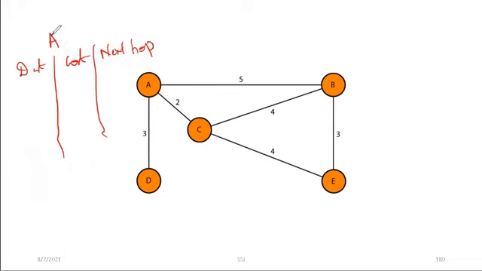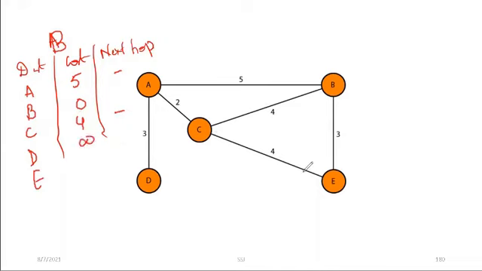So I'm changing this to B now. For B, we write the names again, A, B, C, D, E. What is the cost for B to A? The cost is 5 and there is no next hop. B to B is 0. B to C is 4. B to D, it is not connected, so infinity again.